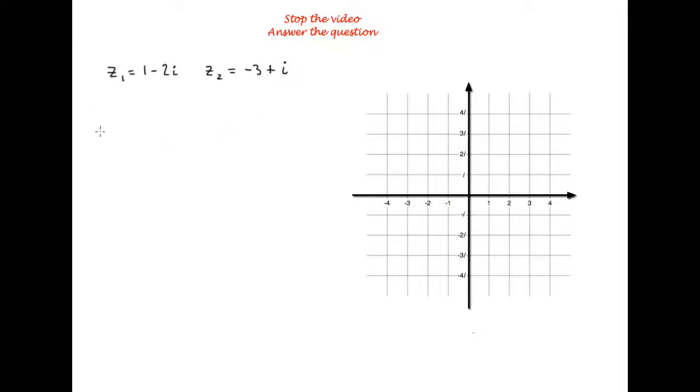And first of all, I'd like you to plot z1, z2, minus z1, minus z2, z1 plus z2, and z1 minus z2. So stop the video and try that yourself. Make up a diagram and do this.